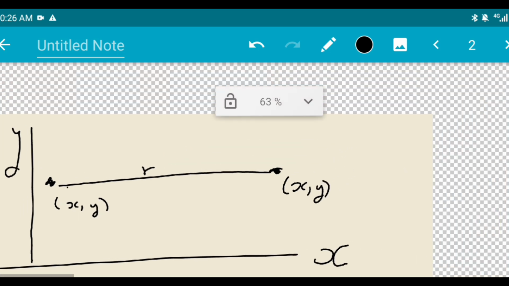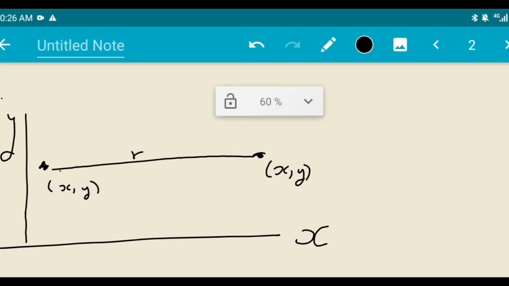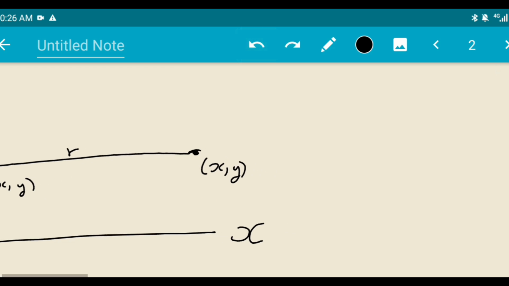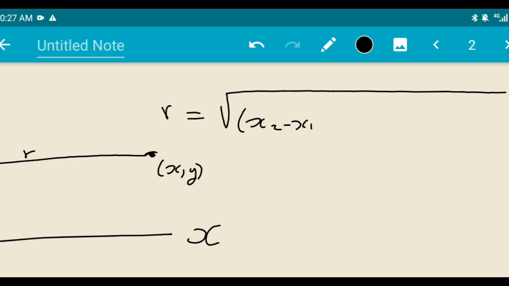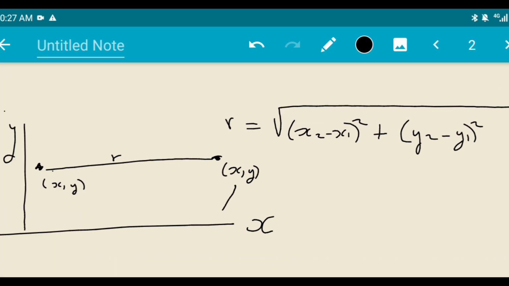To write down the distance equation, specifically for r, it is going to be r equals the square root of, you open brackets, (x2 minus x1) squared plus (y2 minus y1) squared, where x2 will be this and y2 will be this, x1 will be this, and y1 will be that.